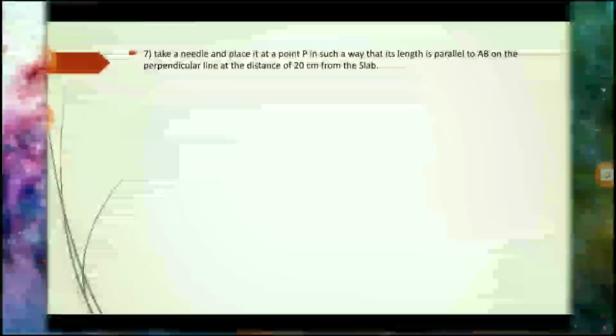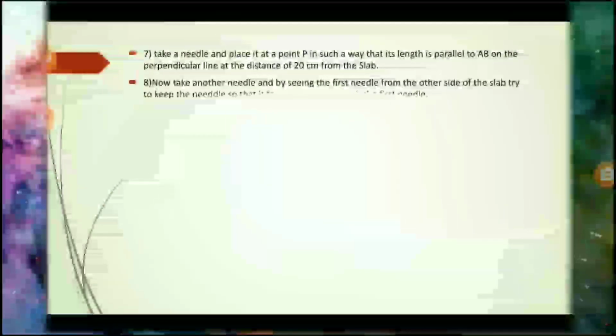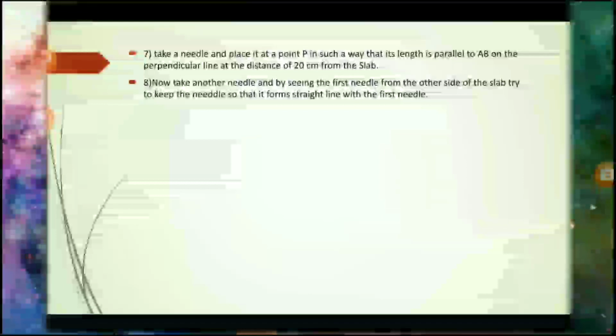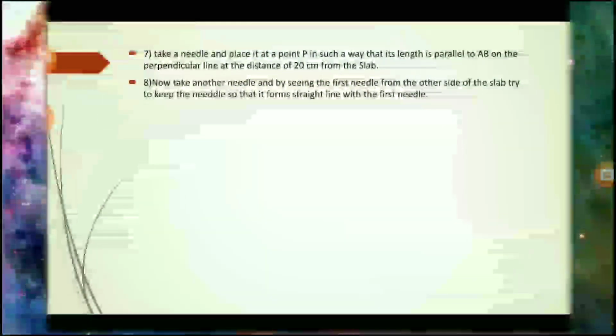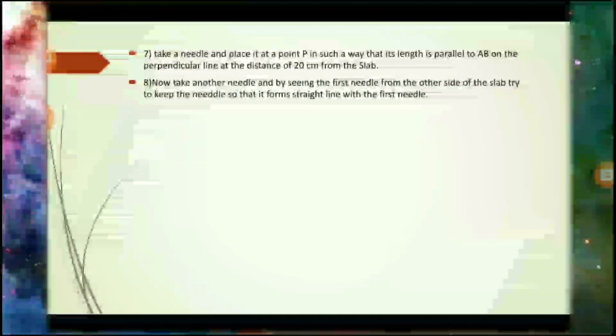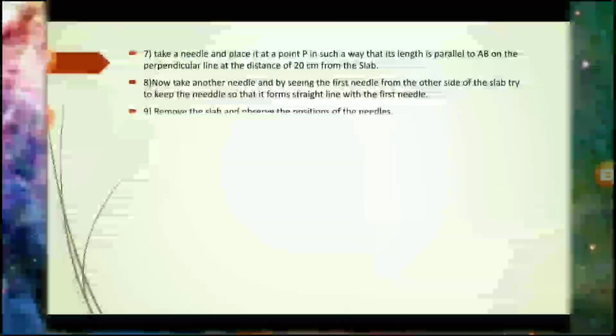Take a needle and place it at a point P in such a way that its length is parallel to AB on the perpendicular line at a distance of 20 centimeters from the slab. Now take another needle and, by seeing the first needle from the other side of the slab, try to keep the needle so that it forms a straight line with the first needle.